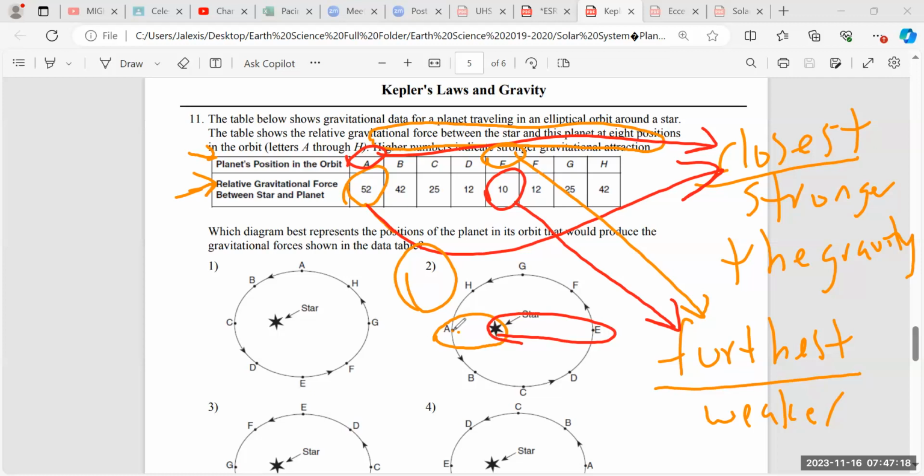Because A has the strongest gravitational force occurring there, it has to be closest. And because E has the weakest gravitational force, it has to be the furthest. And that's why choice 2 is the correct answer. I know there's a lot of writing on the screen, but I encourage you to rewind and play back so that way you can see what points I was writing, what notes.